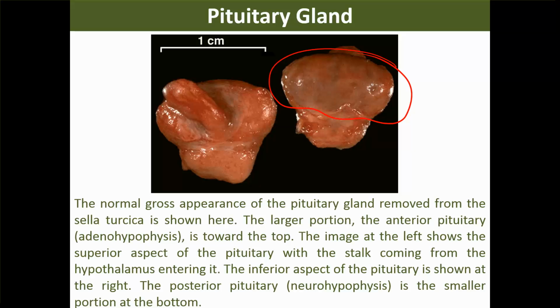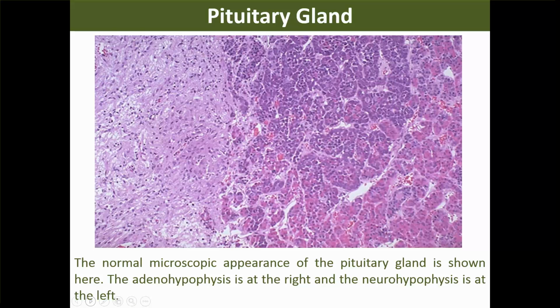They have a stalk which is an extension of the hypothalamus. The inferior aspect of the pituitary is this one, and you can see this is the part which is called the neurohypophysis or posterior pituitary gland. Let us see how they look in microscopy.